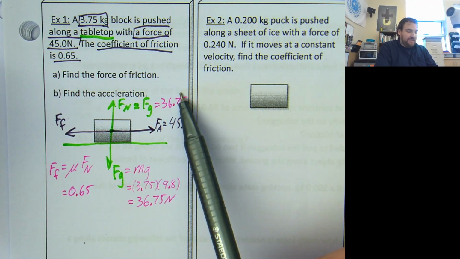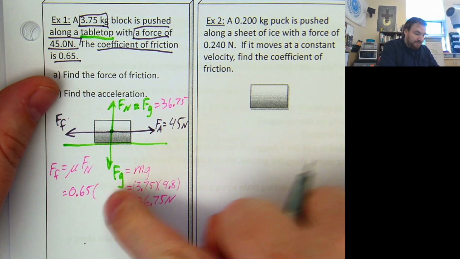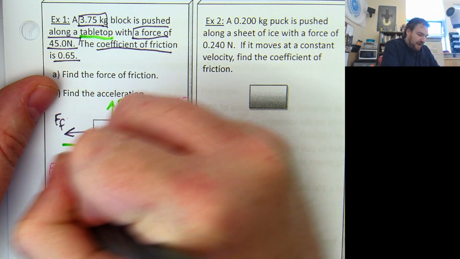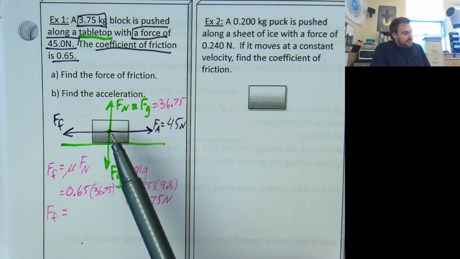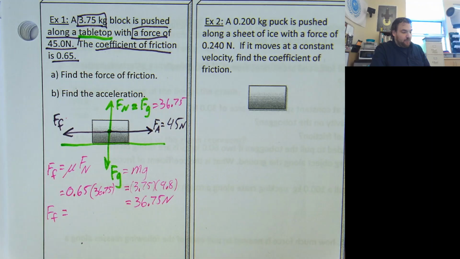And so now we can say, okay, I want to find my force of friction. I can take this value and plug it in here, 36.75. And we're going to find that the force of friction in this particular scenario is going to equal 0.65 times 36.75.